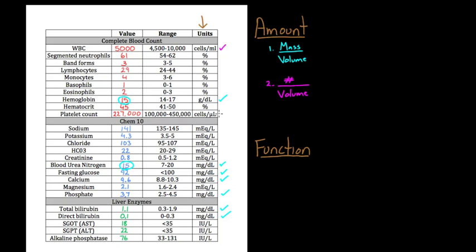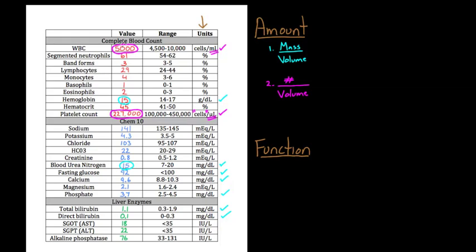Or for platelets, you might say there are 227,000, and I'll put cells in quotes because they're cell fragments, in a microliter. And even looking at those two, microliter versus milliliter, you can see that there are way more platelets in the same volume than there are white blood cells. They may be smaller, but there are many more of them. So this is actually the second way to talk about amount.